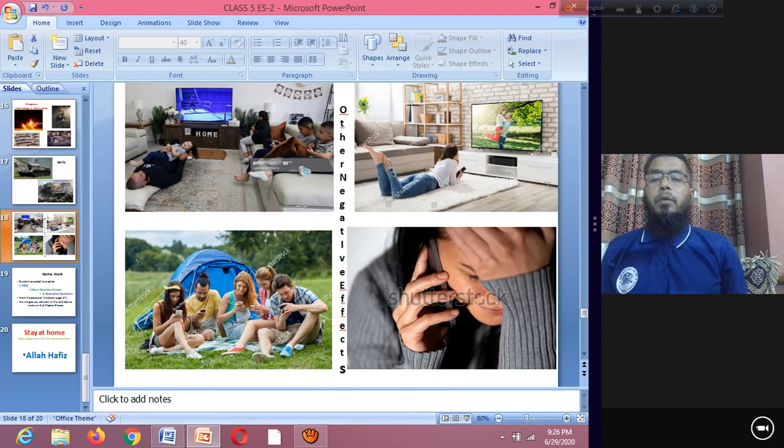In the picture, you can see people are watching television. The first two pictures seem to show that they are addicted to television. Too much addiction to television is harmful.